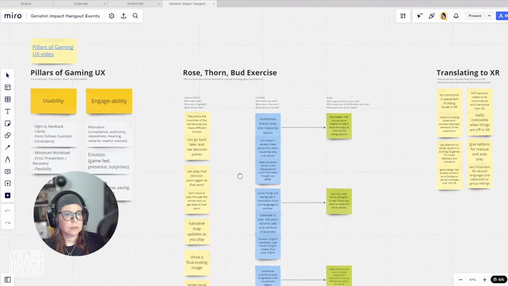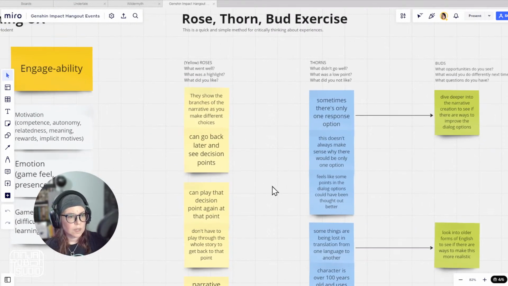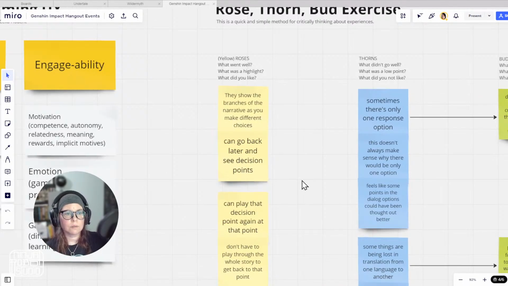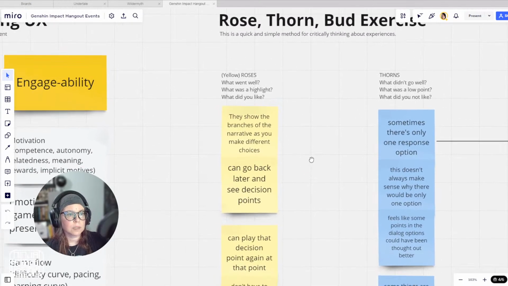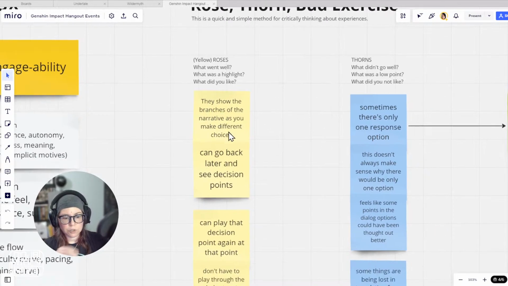Did anything new come up this time? I'm not sure anything new came up. I reiterated a lot of things I've already mentioned, like the roses showing the branches of the narrative as you make your different choices.